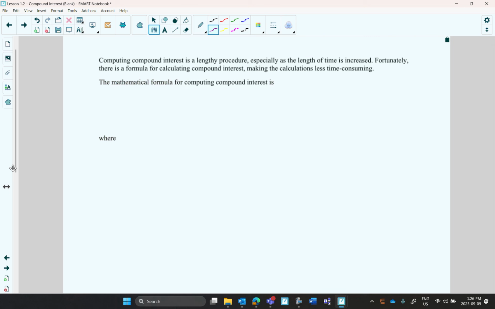And the formula looks like this. Capital A equals capital P times 1 plus R divided by N raised to the N times T.